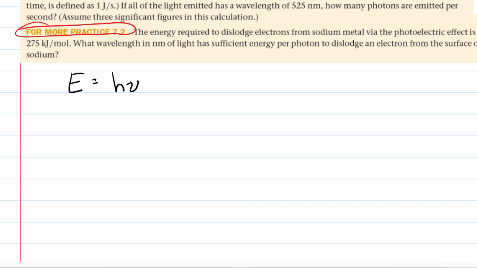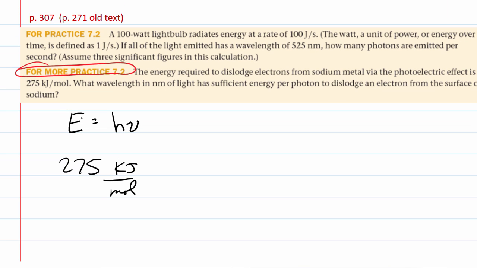So we'll start with the 275 kilojoules per mole. And it looks like if we're going to use this formula, our energies have to be converted to units of joules. So we'll need to convert the kilojoules to joules. So to convert kilojoules to joules, up here we're going to put 1,000.